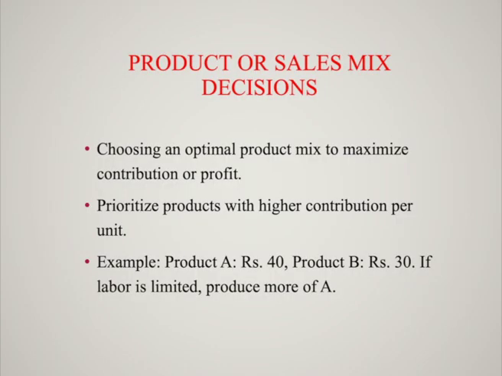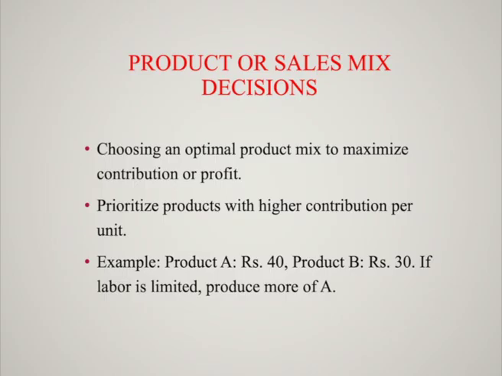When we produce more than one product, we have to use the marginal costing technique as I said. Whichever products give more contribution, we continue the production of those and prioritize the products with the higher contribution per unit.